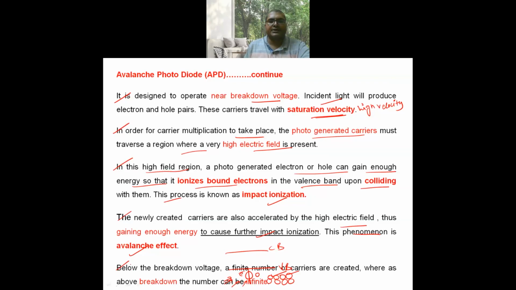If the diode is operated below the breakdown voltage, a finite number of carriers are created, and if the diode is operated above the breakdown voltage, then an infinite number of carriers get generated. For proper operation of an avalanche photodiode, it should be operated slightly below the breakdown voltage.